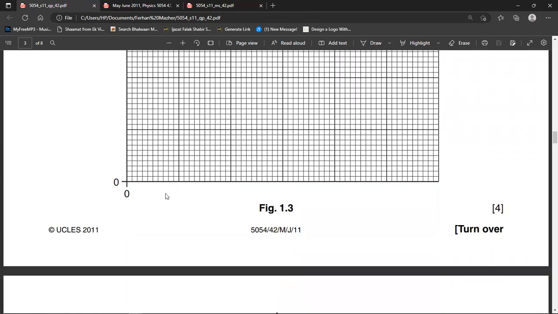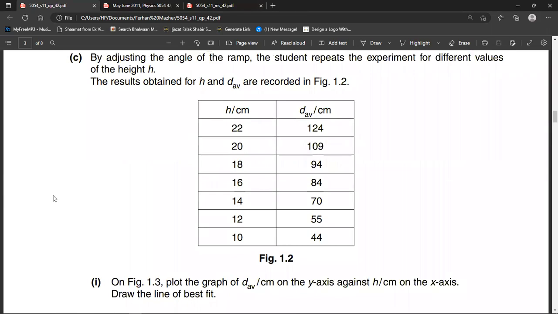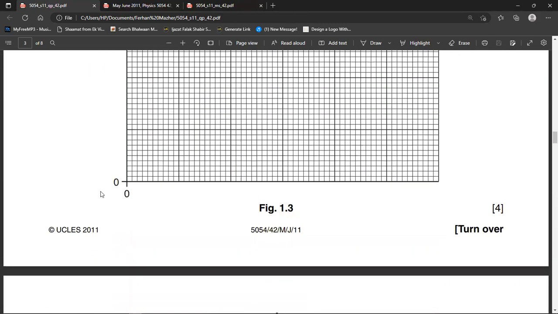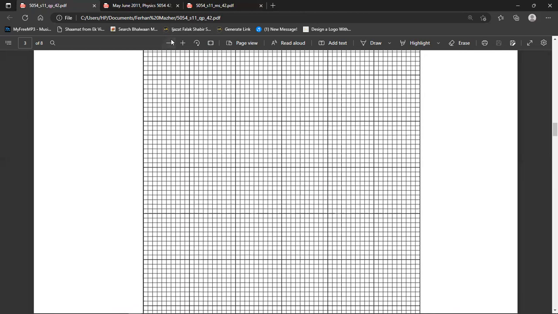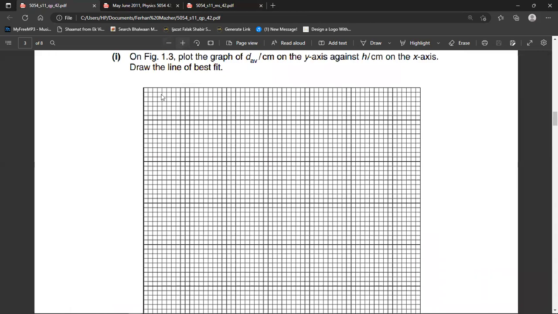So 22 means the x-axis can be 5, 10, 15, 20, 25, 30. And your D average goes up to 124, so it can be 10. Let me reduce the size so you can see it. But this becomes too small.